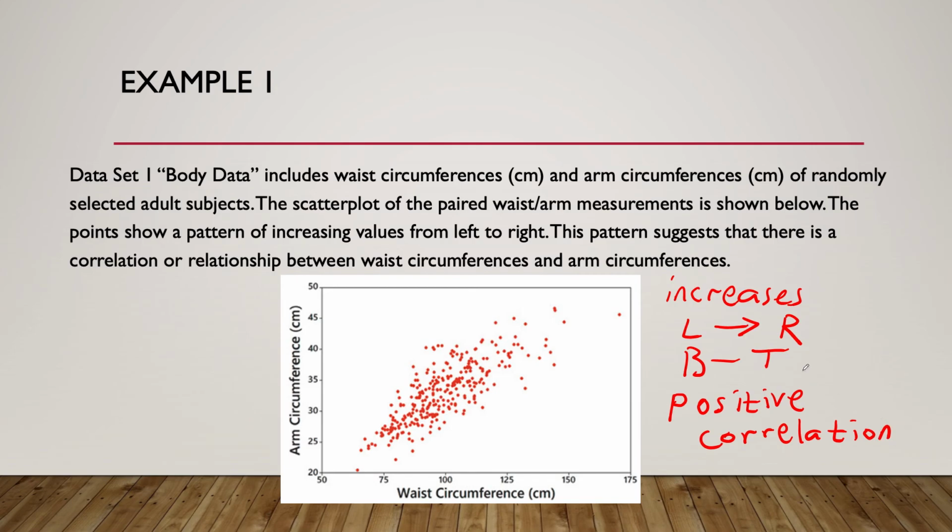Now, how strong this correlation is, we would need a specific calculation to get that correlation coefficient to find out what that actually is. But the whole idea of it is it's positive since both variables increase from left to right, or bottom to top.